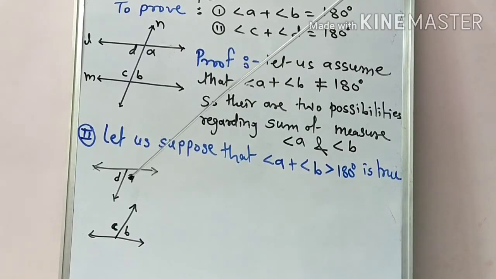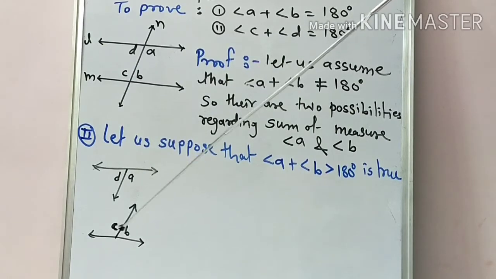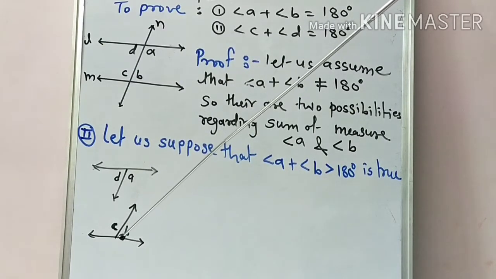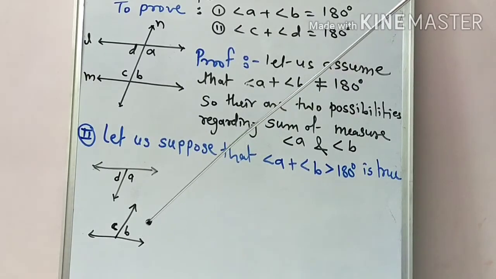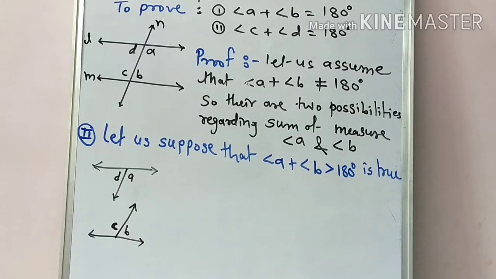Understood this? And that the sum of these two angles is 180 degree and the sum of C and B is also 180 degree. We use this property to prove that C plus D less than 180 degree. Okay, so pay attention over here.